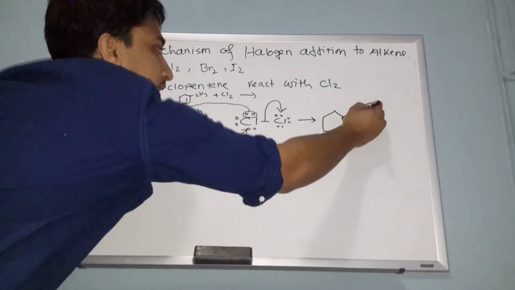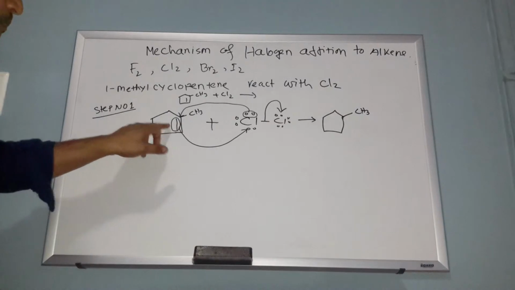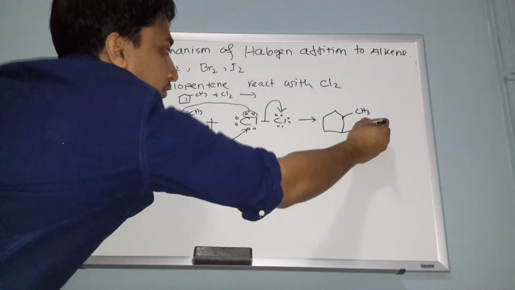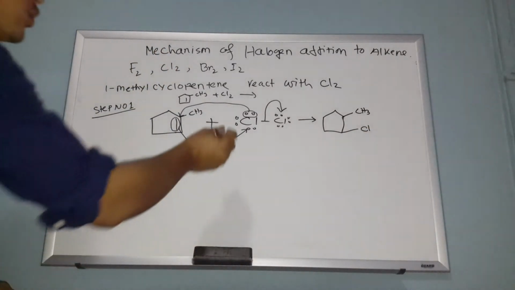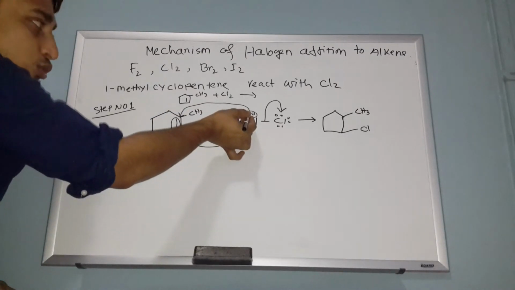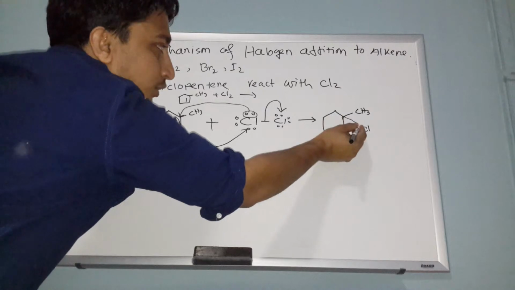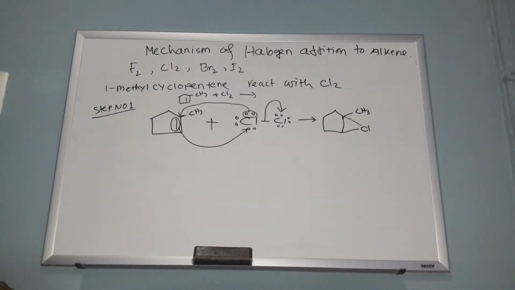This is my CH3. So look right now, this is my pi bond attacking the chlorine. You see the chlorine? This is attacking the chlorine. And chlorine 2 lone pair donates 2 electron to this carbon. That means he is donating to this carbon. So what happened?